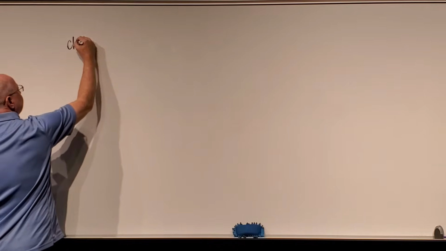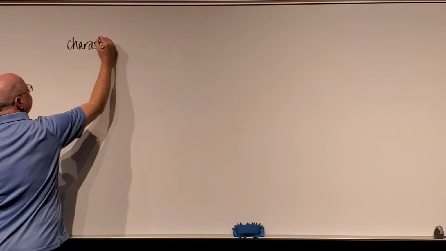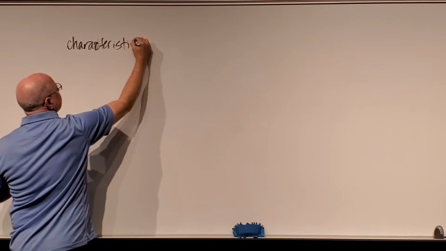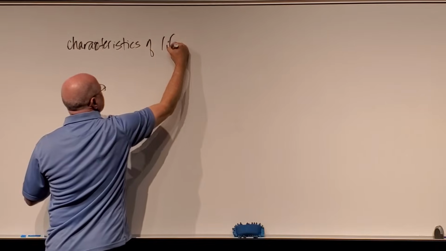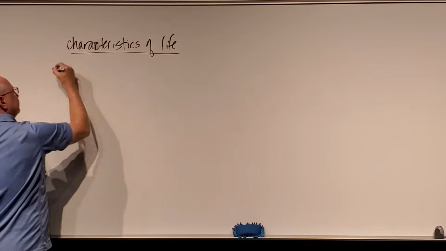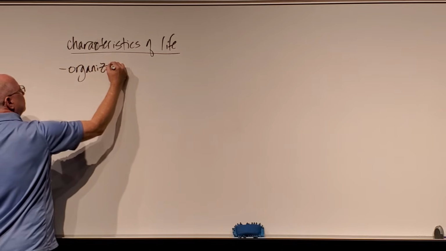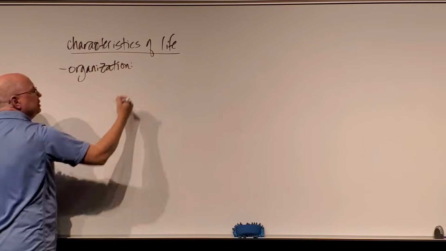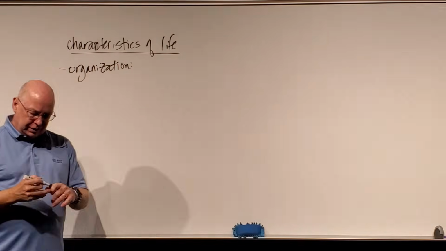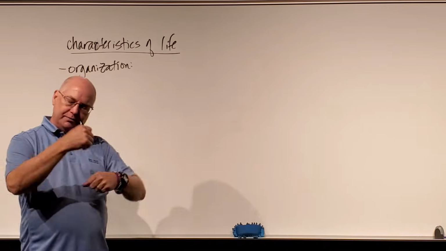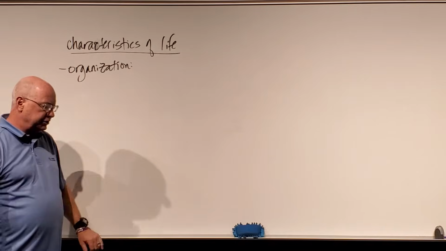So I'm going to just write this out as the characteristics of living things, or of life. One of them is organization. It's not just random chaos, like some parts of the universe, like if you looked inside the sun, all the random chemical reactions and nuclear reactions going on.